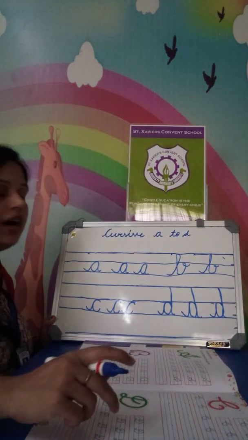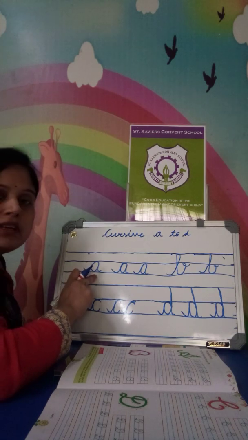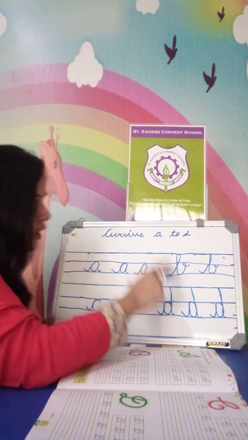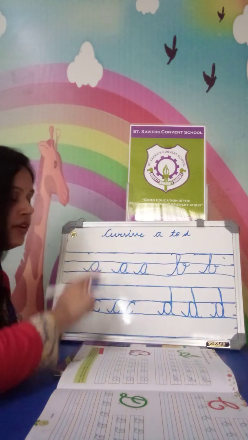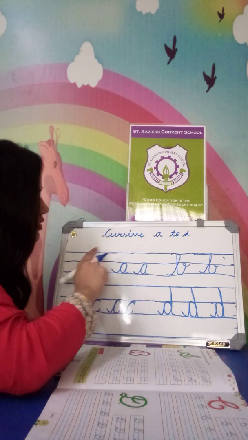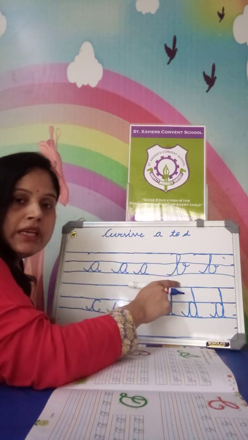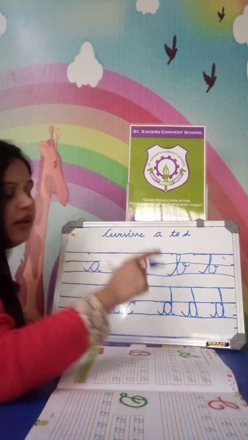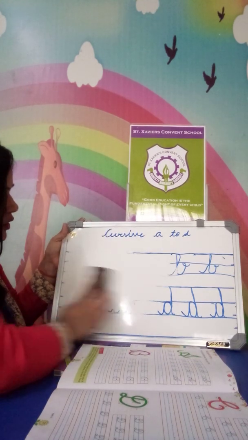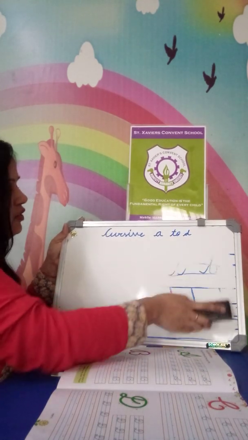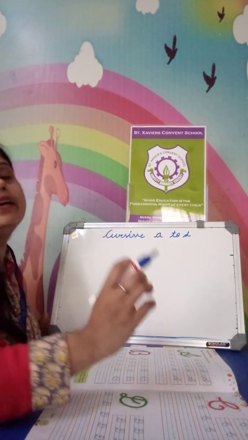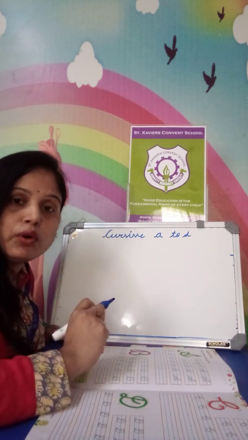Okay, now look here, this is capital A, sorry, small a, small b, small c, small d, small a, small b, small c, small d. Okay, now you have to write in your notebook.